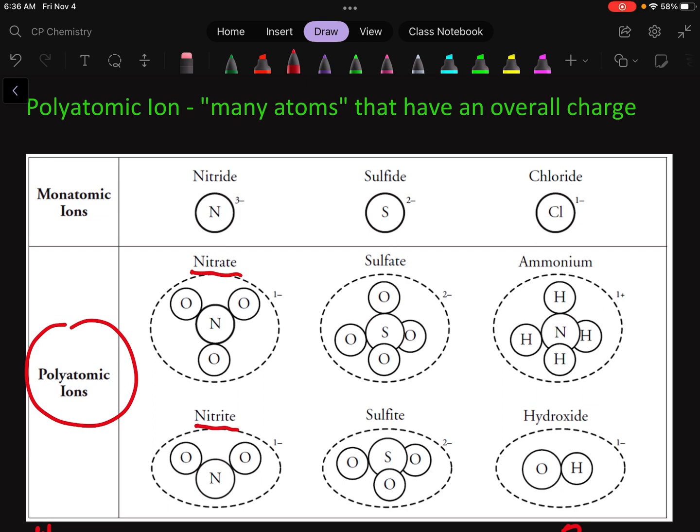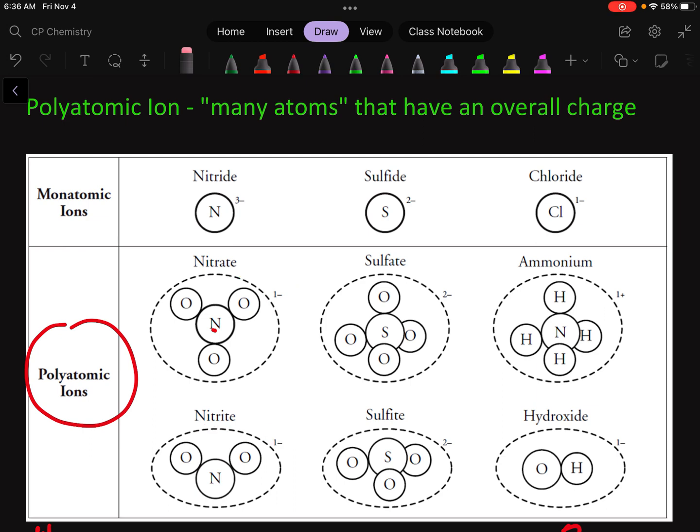Nitrate and nitrite have nitrogen in them, okay? And you can tell that the ate has 1 more oxygen bonded to the nitrogen than the ite. Okay, so nitrate is NO3, nitrite is NO2, but they both have a -1 charge.